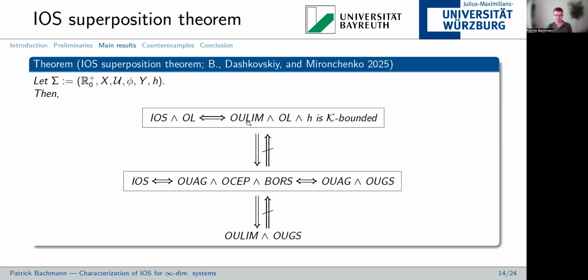Because in this case, it is possible to characterize iISS and OL equivalently with the weak attractivity property, combined with still the stability property on the output space. And what we need furthermore is that we have a k-boundedness of the output operator, which is compared to the others not a very strong restriction.